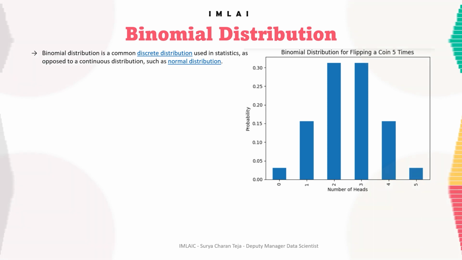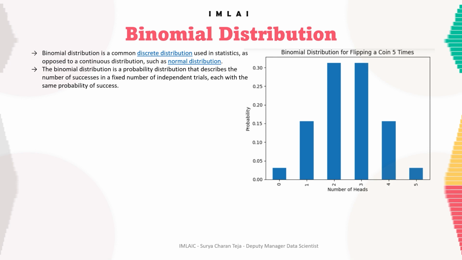The binomial distribution is a probability distribution that describes the number of successes in a fixed number of independent trials, each with the same probability of success. As I've told you, it's a discrete function, which means it takes on a finite number of possible values.